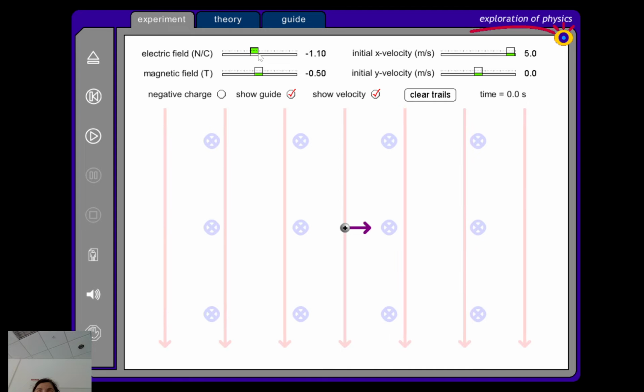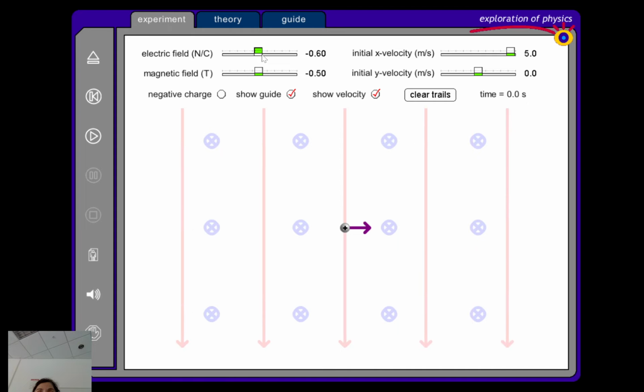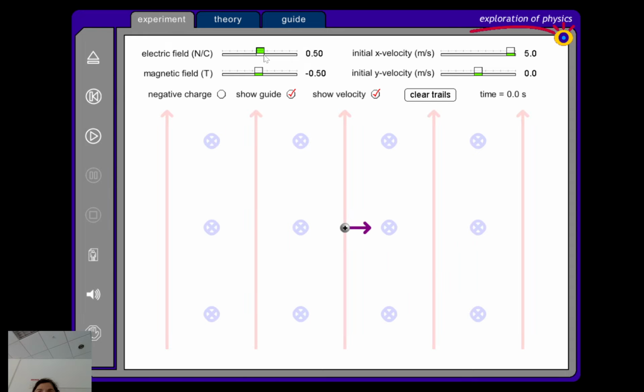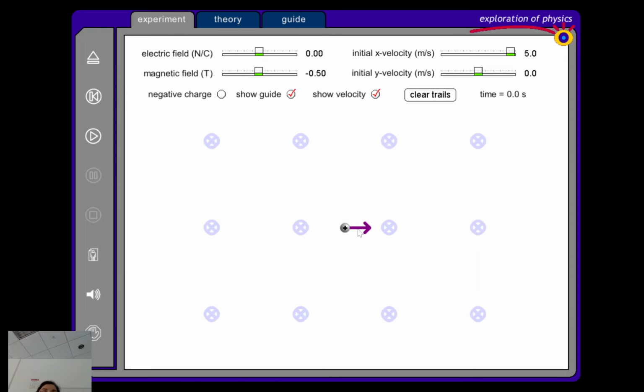Okay, so I'm going to remove the electric field. Okay, so you have a moving charge here and it's positive. And the magnetic field is which way?